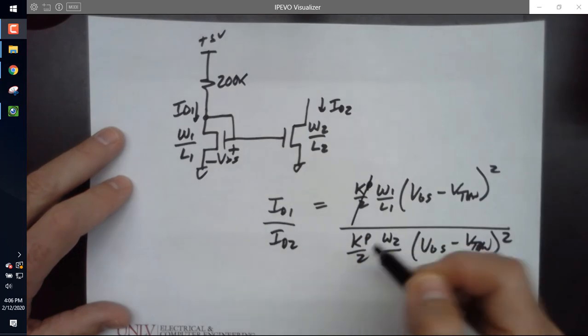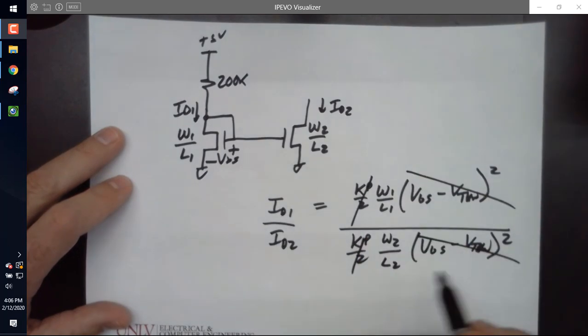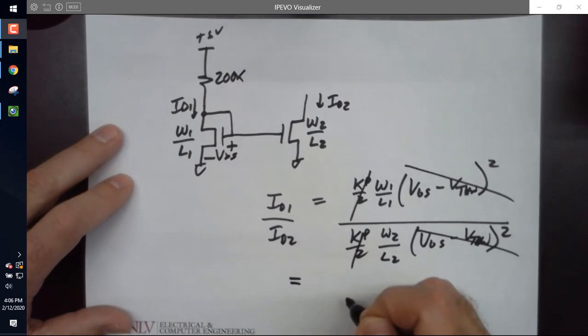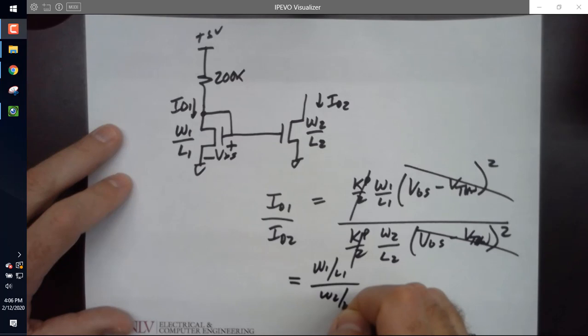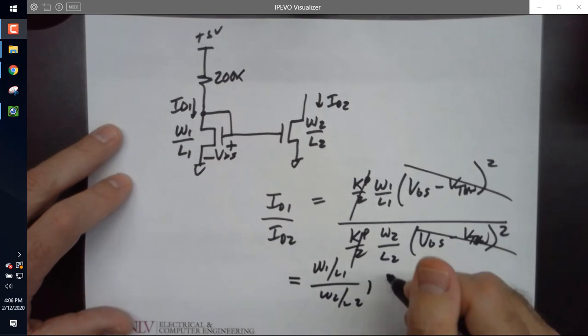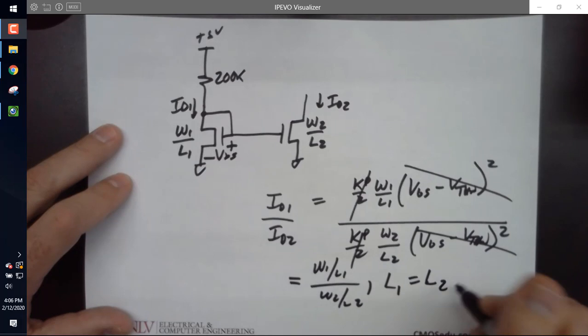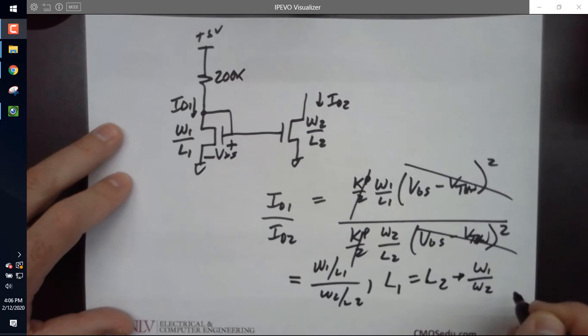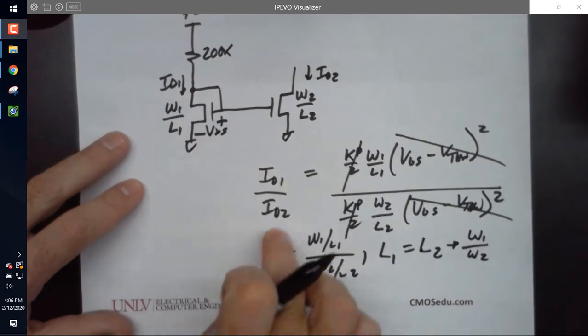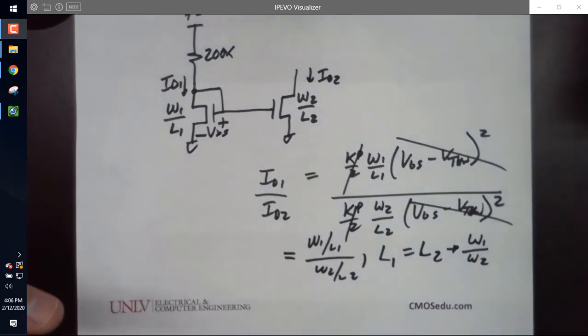And so I can go boom, boom, boom, boom, and I get that this is nothing more than W1 over L1 divided by W2 over L2. And if we make the L's the same, then that's equal to W1 over W2. And I could, of course, flip it around and say ID2 over ID1, which is probably what I did in the book. Has everybody got that?